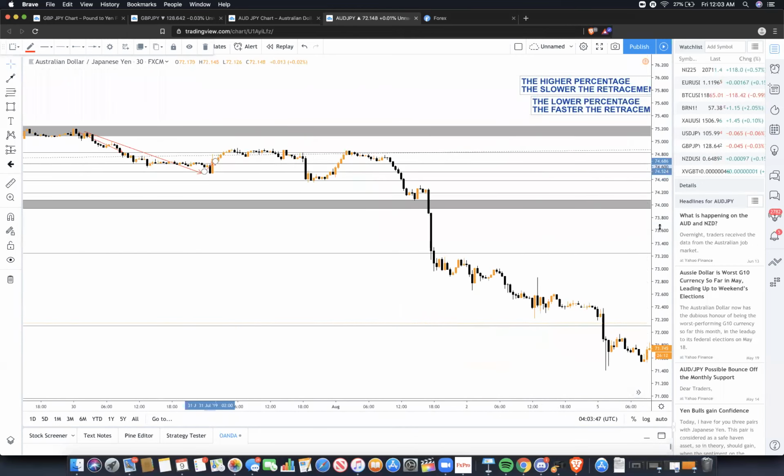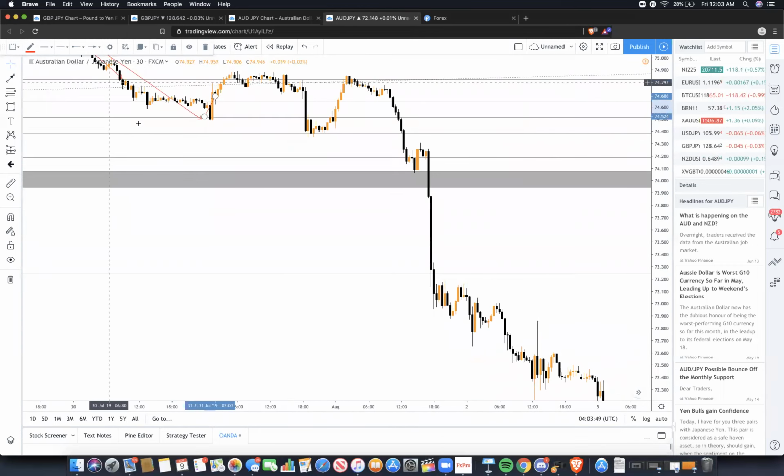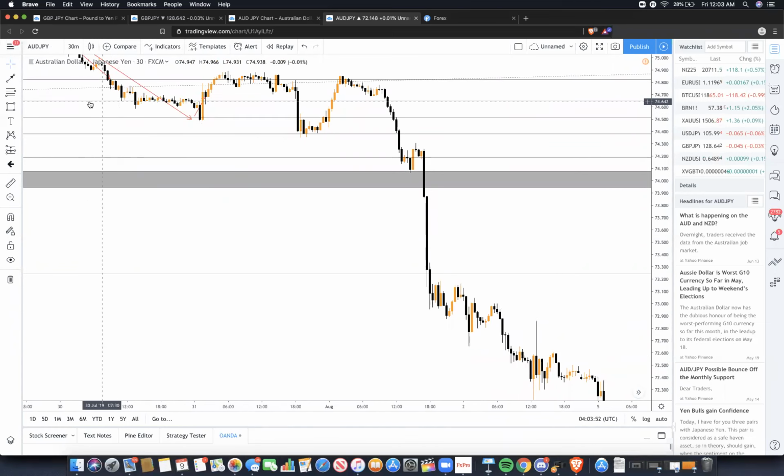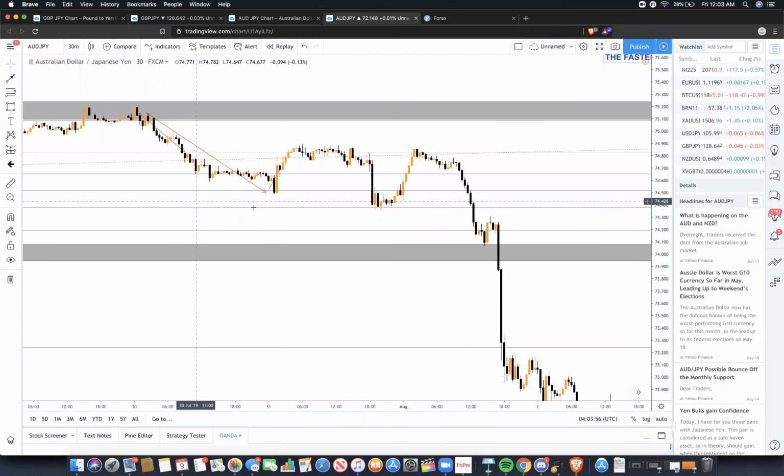I'll show you here. It came up, came back down, and then came up, and what did it do? It couldn't break this point over here.